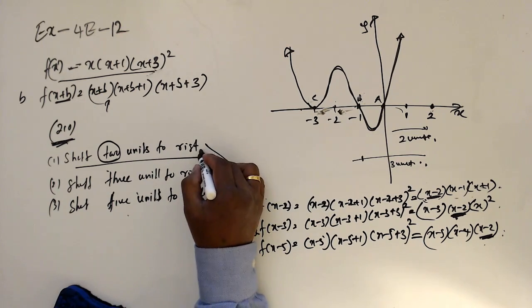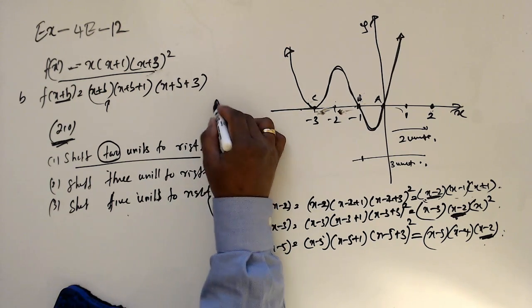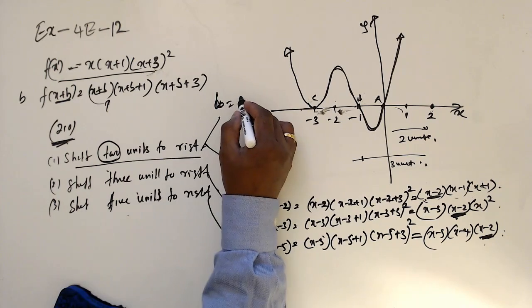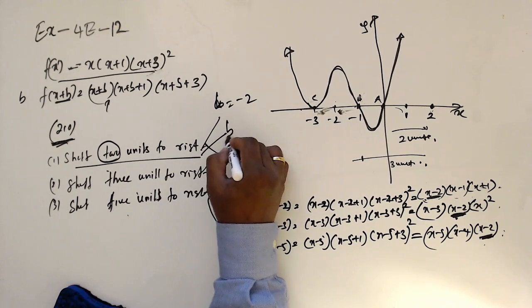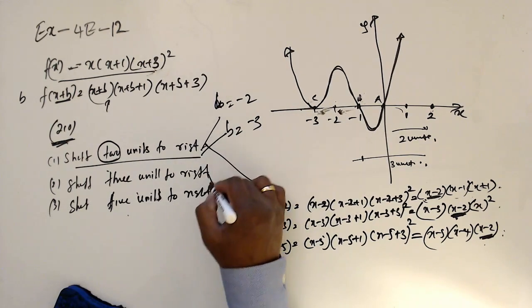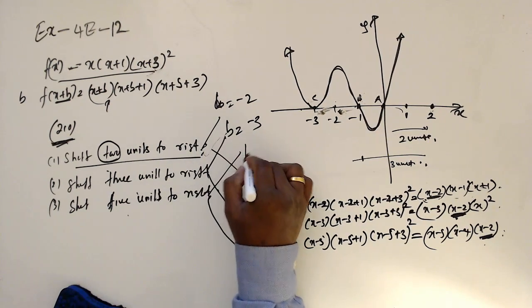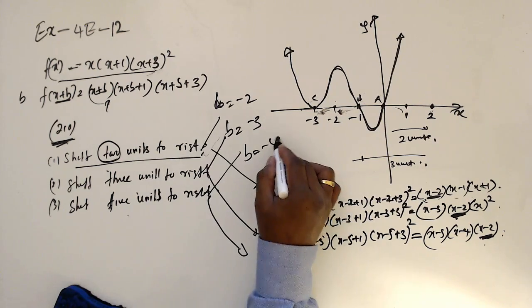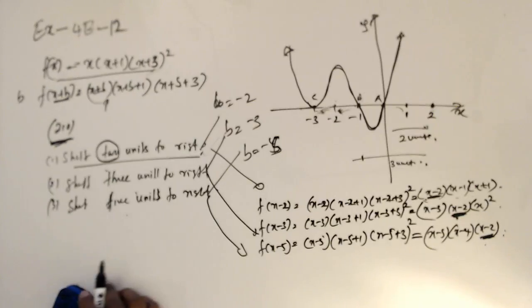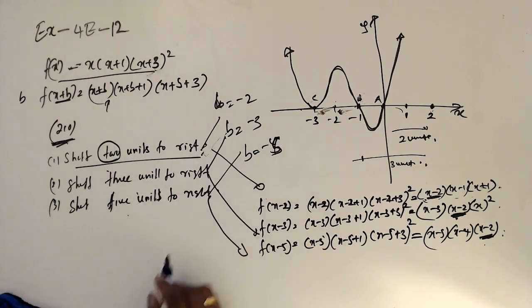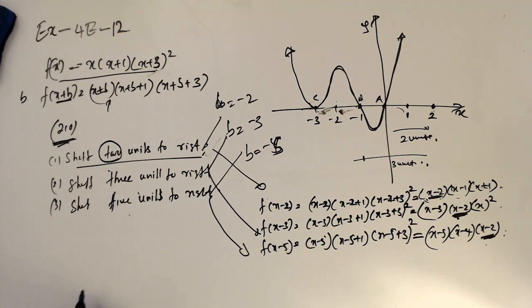So in that case, b equals minus 2, b equals minus 3, and b equals minus 5. So b can be minus 2, minus 3, or minus 5.